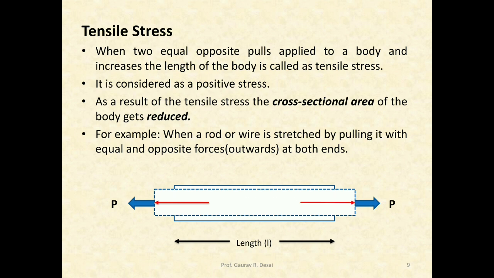This is known as change in length, that is delta L. So whenever an axial tensile load or axial pull is applied on the body in opposite directions, there will be a change in length of the body, known as delta L, which is considered a positive value.